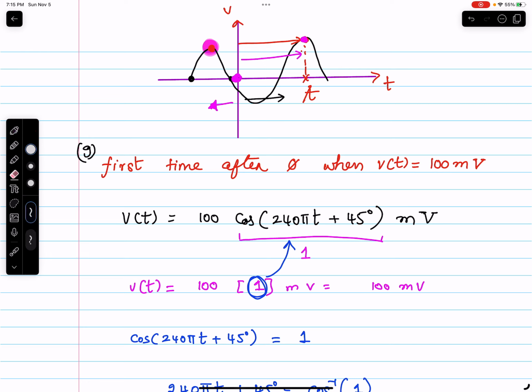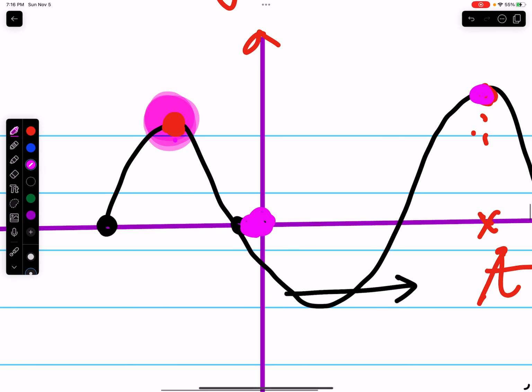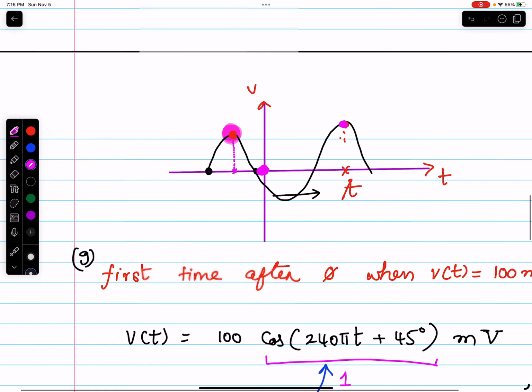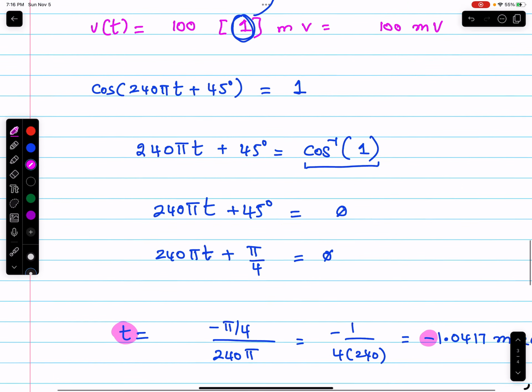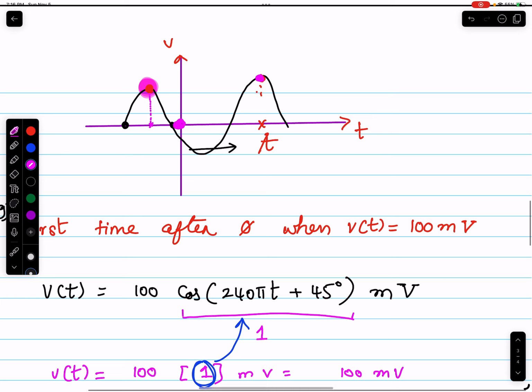Simple. Here is the trick I'm going to use. We know the time when this given sinusoid reaches 100 millivolts, which is negative 1.0417 milliseconds.